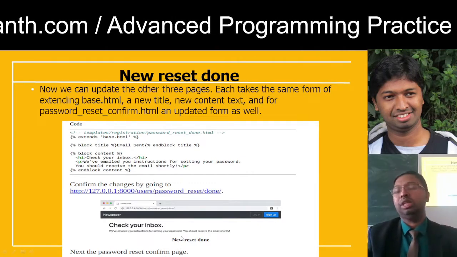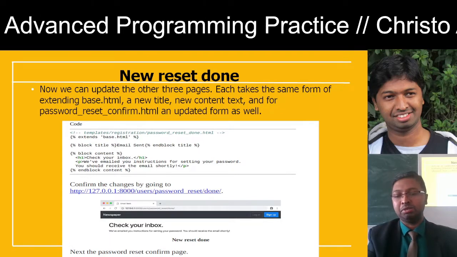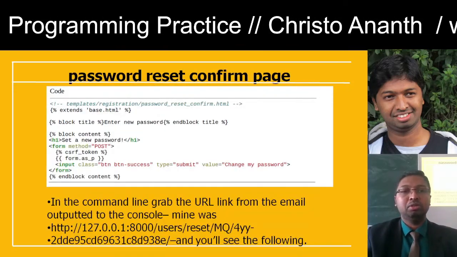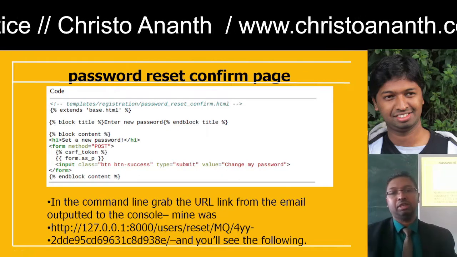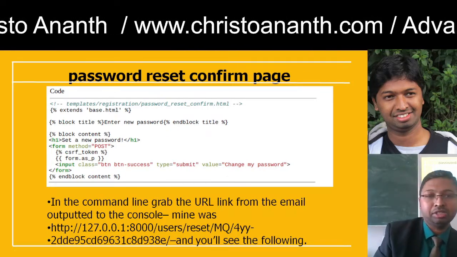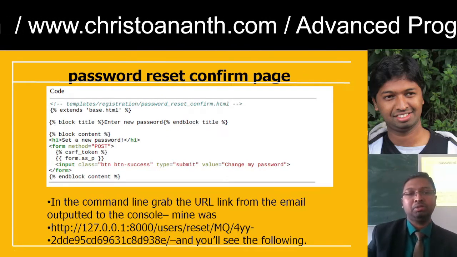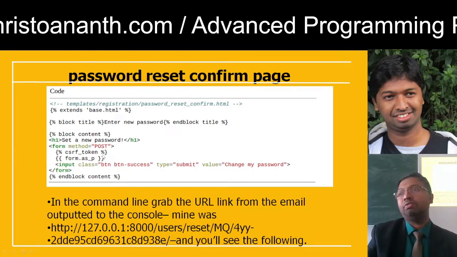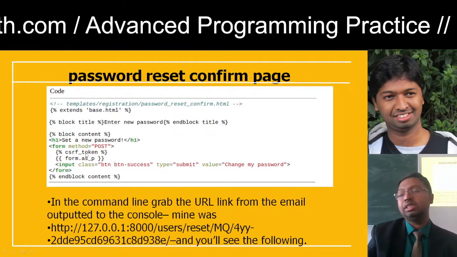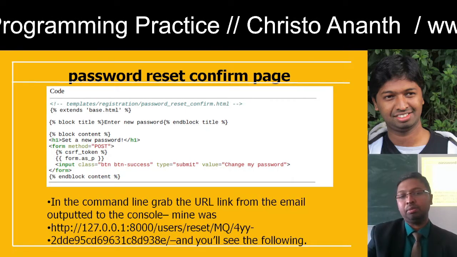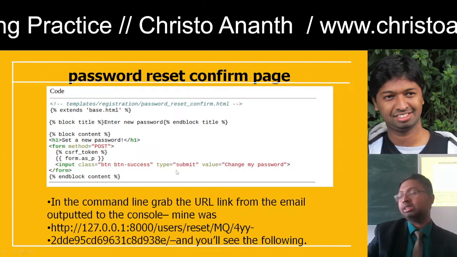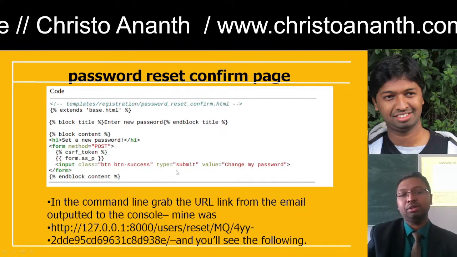Next, you have to go with the password reset confirm page. Within template/registration/password_reset_confirm, you are going to extend the base.html. Enter the new password, set a new password. Form method you are going to have post, csrf token to prevent the XSS attack for security reasons, and form.as_p, button success, type equal to submit, and value equal to change my password.